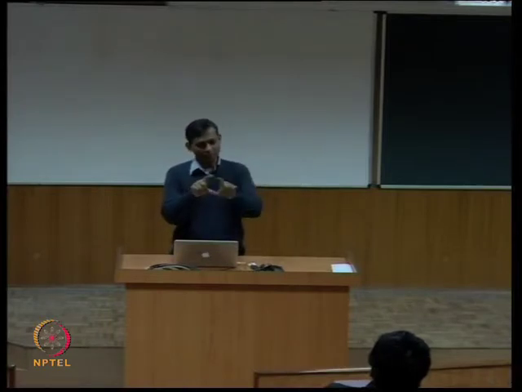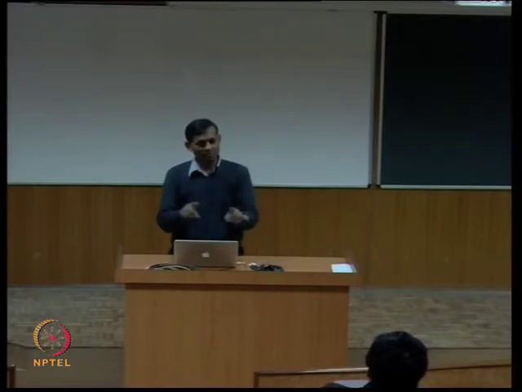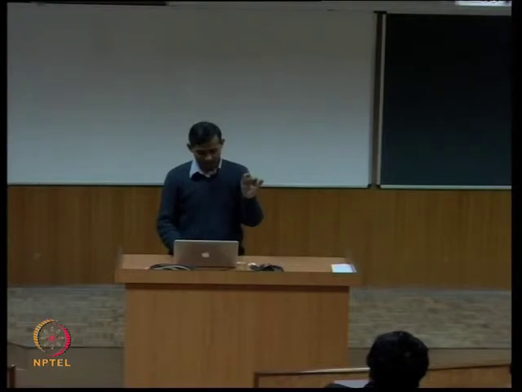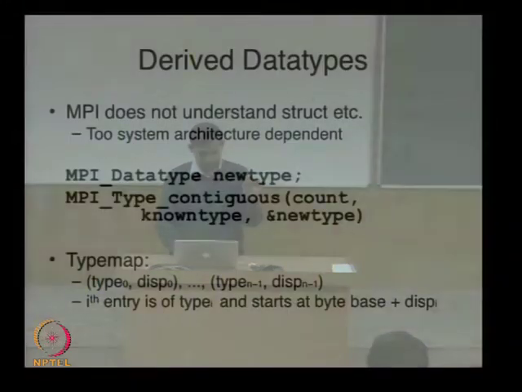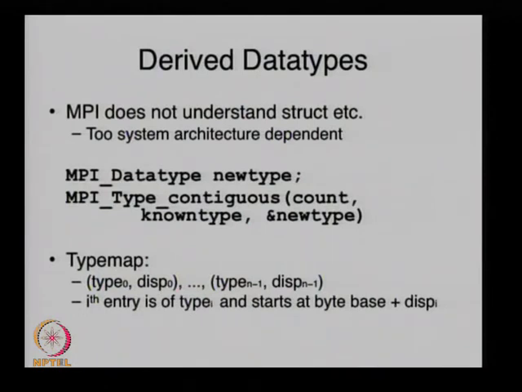Right? So that information is stored in this type variable that you are creating. If you go back to this original example, you create an MPI data type new type, which is a struct. Internally, it's going to store lots of information. As you define this struct, all that information is being stored in there.